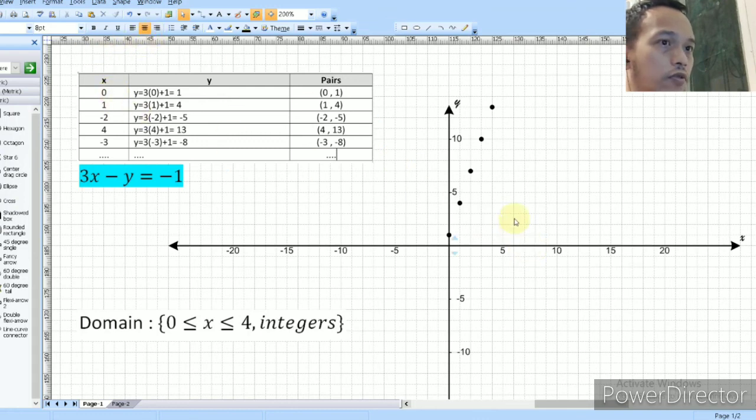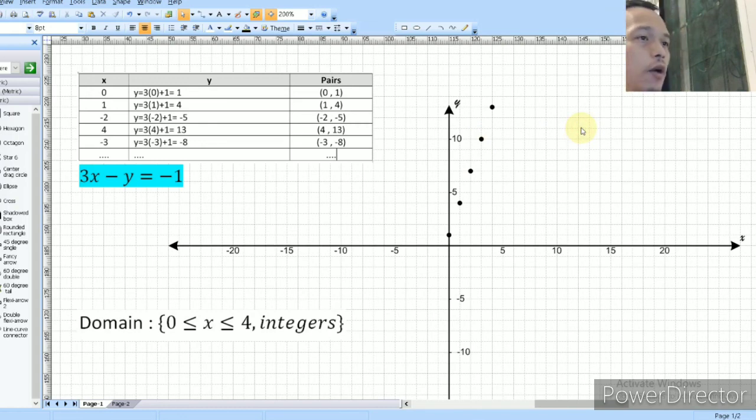Because I can only involve x equals 0, x equals 1, x equals 2, x equals 3, and x equals 4. If I put a line and connect that, it means I'm showing that all values between 1 and 2, 2 and 3, the decimals, are included also. Okay, so this is your graph if the domain is regulated to integers.